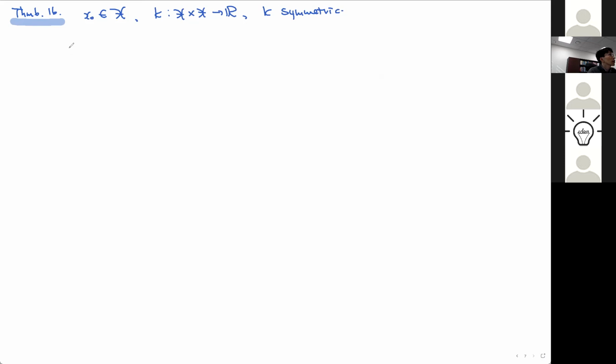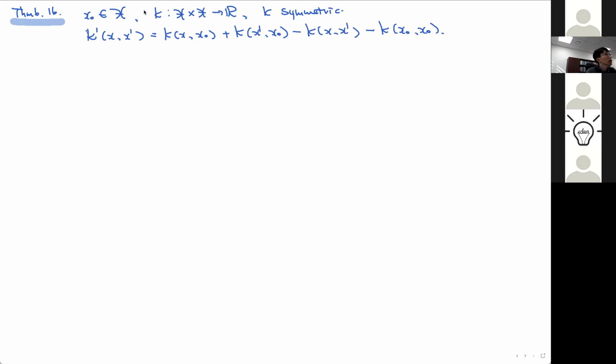In this case, what we're going to do is define K prime. It's a binary function on X using K. K prime is defined by K of x comma x0 plus K of x prime comma x0 minus K of x and x prime minus K of x0 and x0.